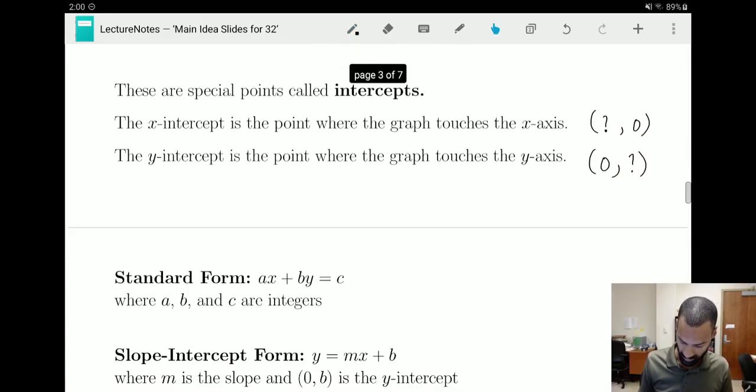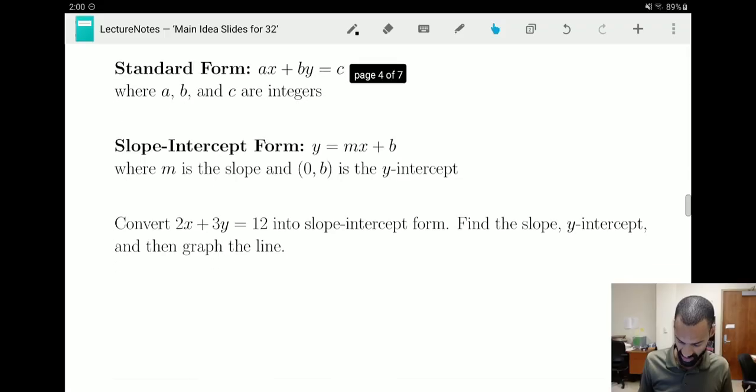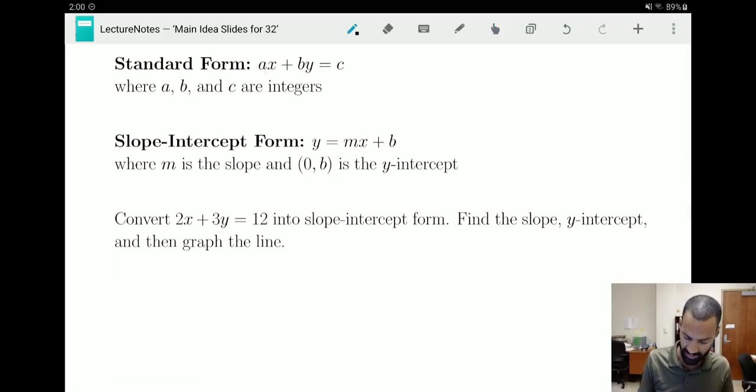Okay, let's move on. So here, let's talk about equations. So far we've had all of our equations written out in standard form. That's ax plus by equals c, where a, b, and c are integers, positive and negative whole numbers. They're not always going to be that way, and standard form is not necessarily the most useful form either. Slope-intercept form is better, depending on what you're trying to do.